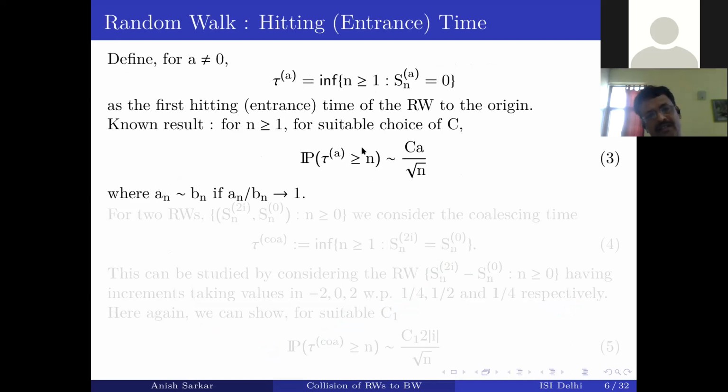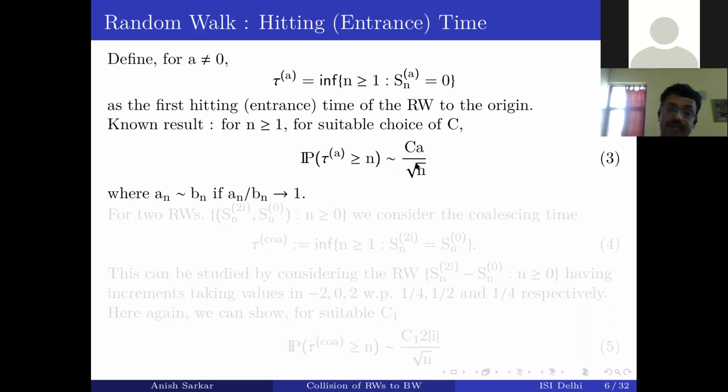And known results, we have all done this. This is essentially nothing but the reflection principle. The reflection principle says that for the tail, the probability that tau is bigger than or equal to n, how much time it takes, behaves like a power, n to the power minus half.